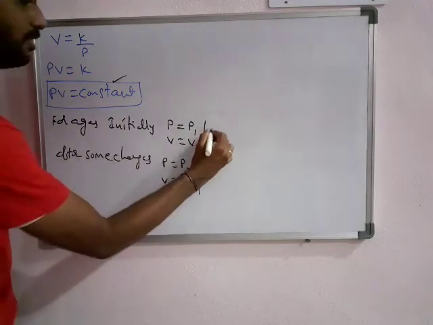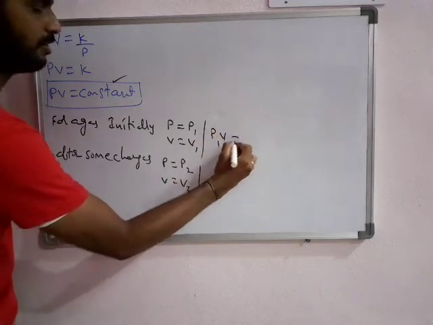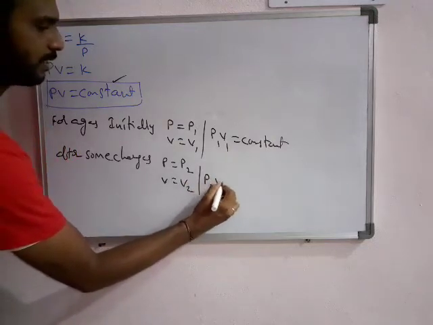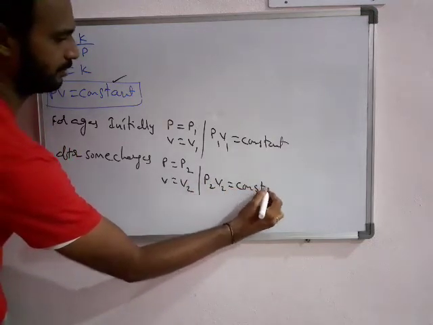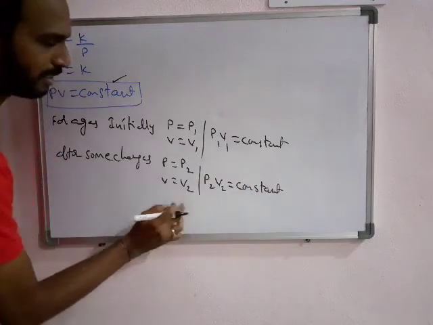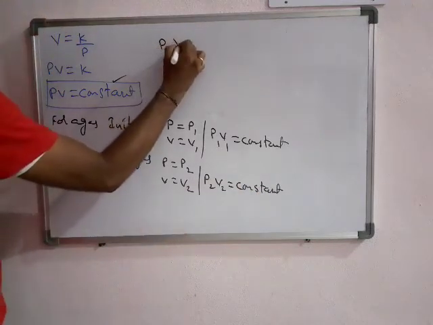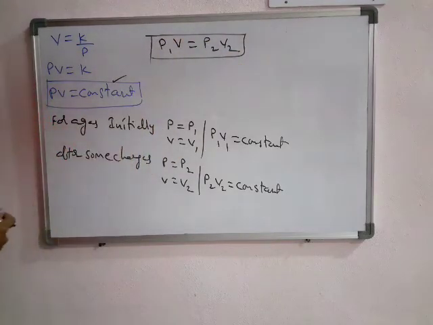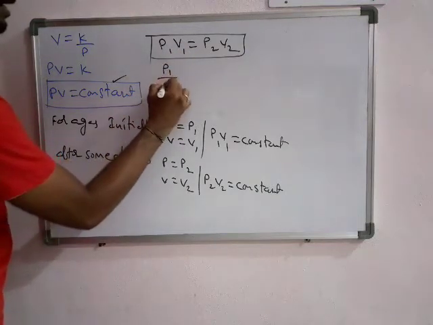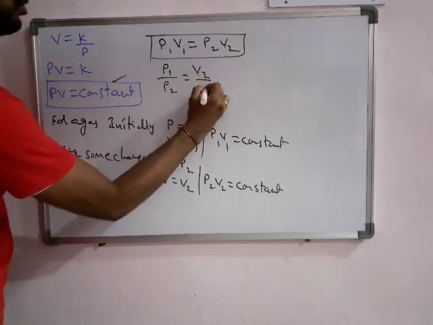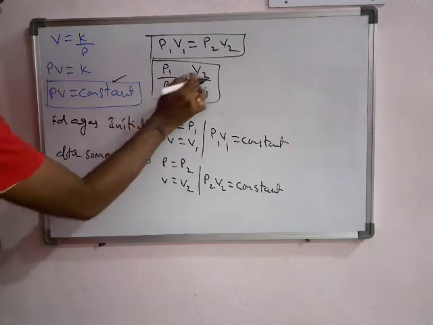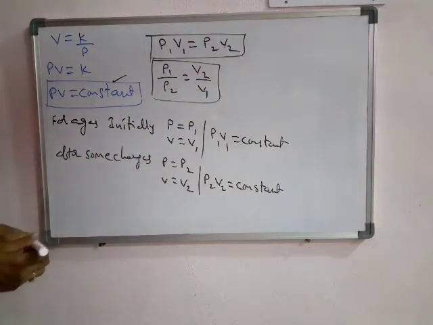According to this equation, we can write P1 V1 equal to constant. Again, here also we can write P2 V2 is equal to constant. As the two belong to the same gas, we can write P1 V1 equal to P2 V2. This is also one of the equations for Boyle's law, and we can write P1 by P2 is equal to V2 by V1, because both are inversely proportional. That is exactly reciprocal to each other.